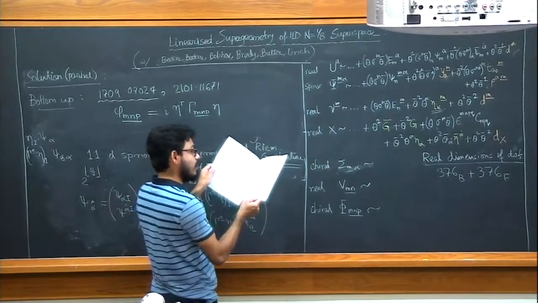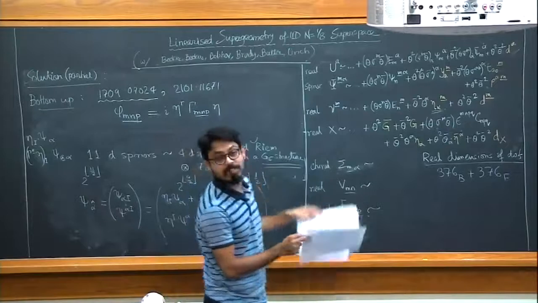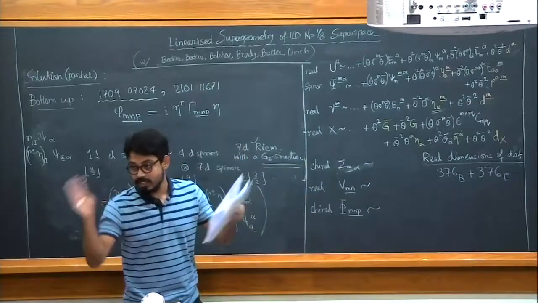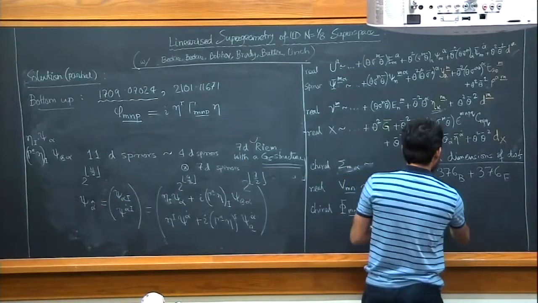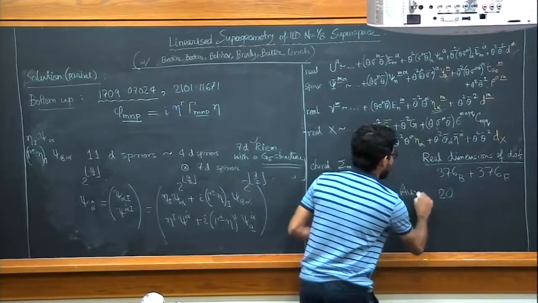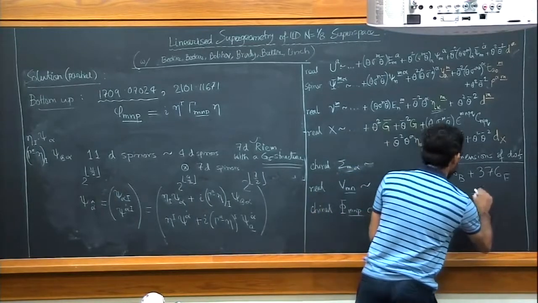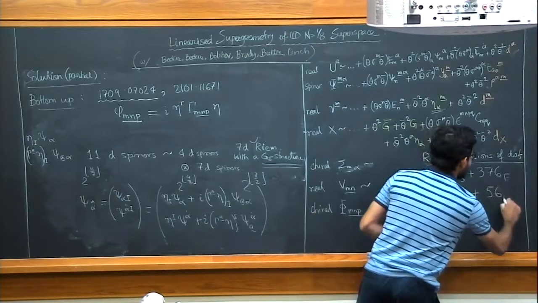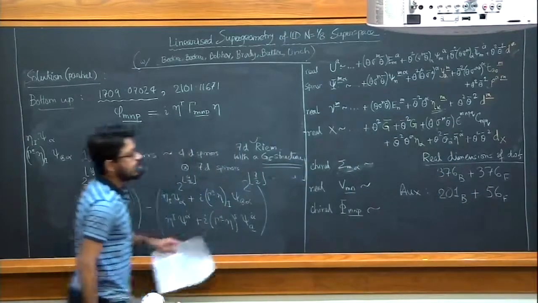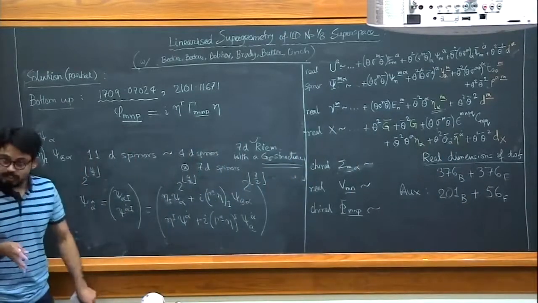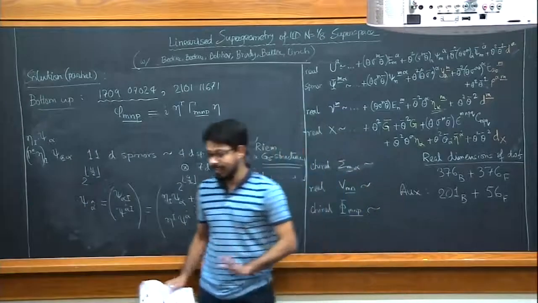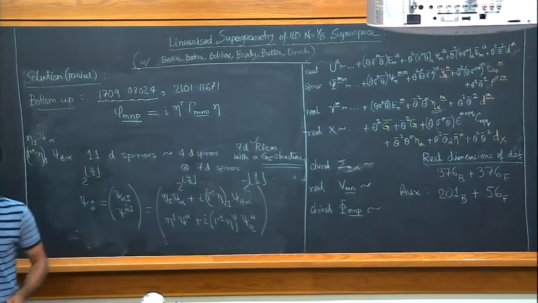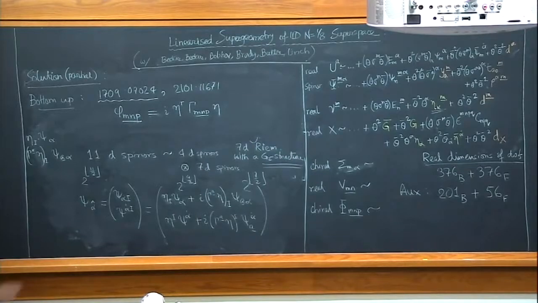Off shell, we had 175 bosonic and 320 fermionic in the original multiplet of 11D supergravity. So essentially what we have done here is we have added 201 bosonic and 56 fermionic degrees of freedom. These many auxiliary fields have been added to the spectrum. And you do not count the compensators because, like I said, they do not appear in the spectrum. They suffer Stueckelberg-like shifts. All right, so that's the bottom-up approach.